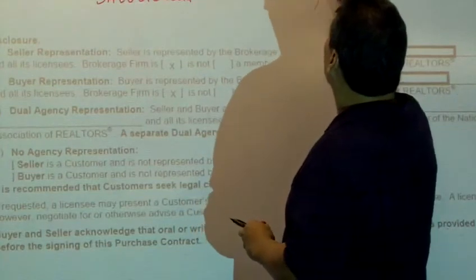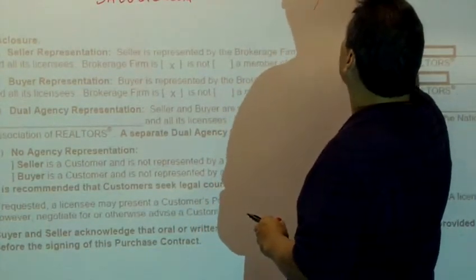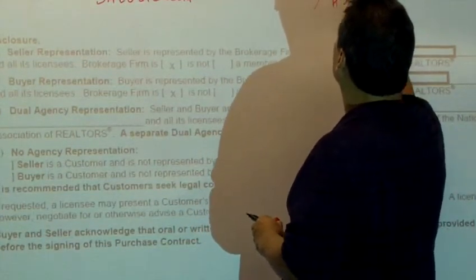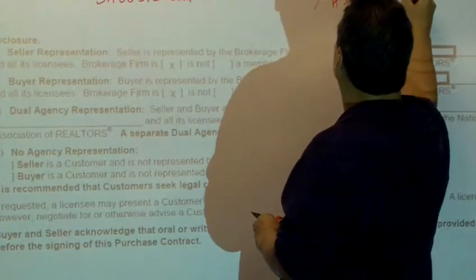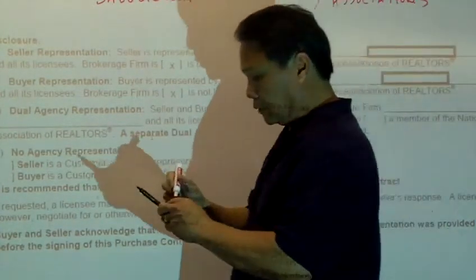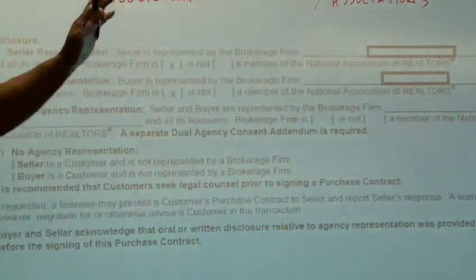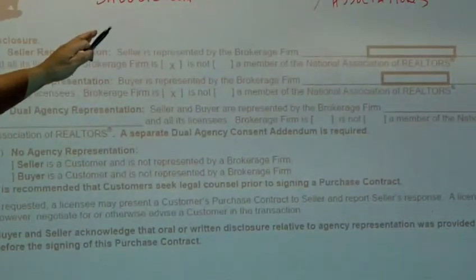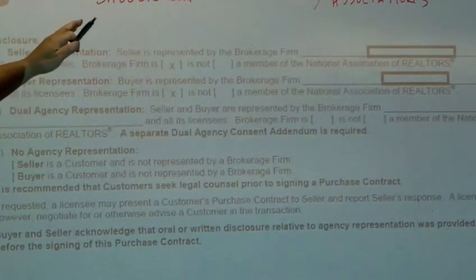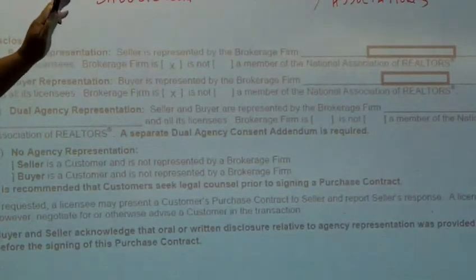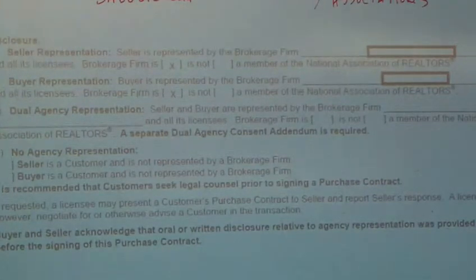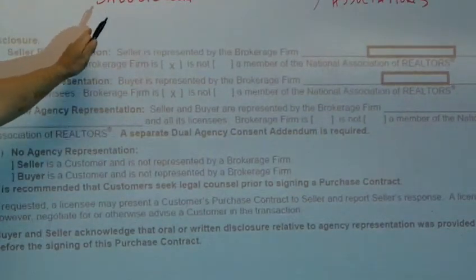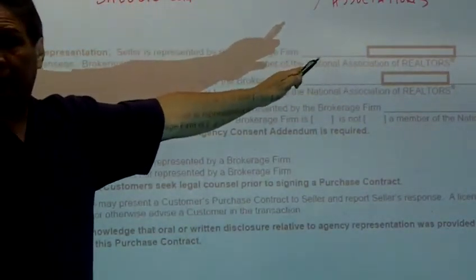Okay? These are all trade associations. Membership in there is voluntary. Okay? But don't confuse the two. They're two separate things. One is the license and one is just an association.